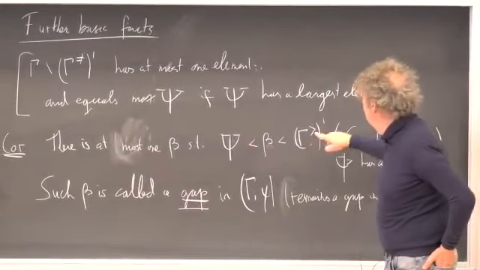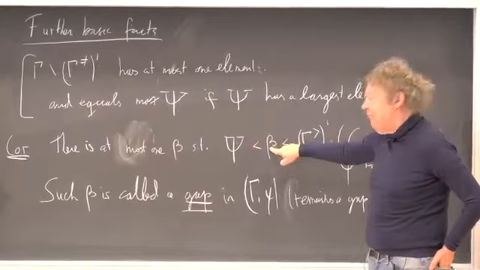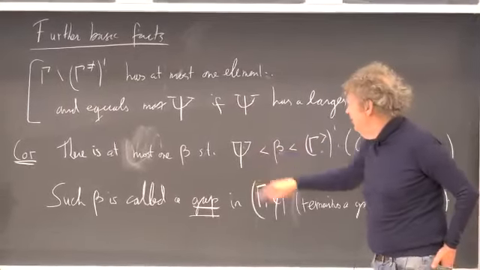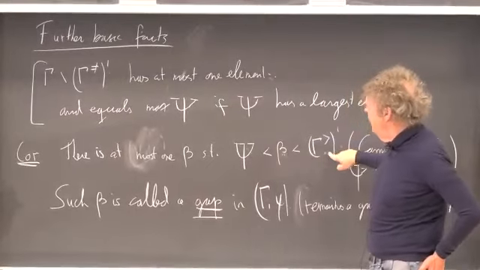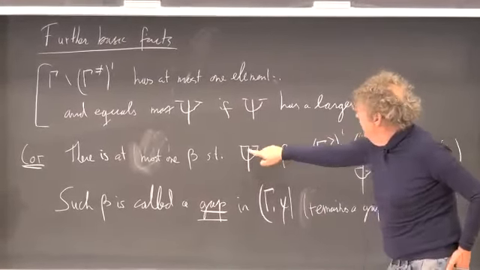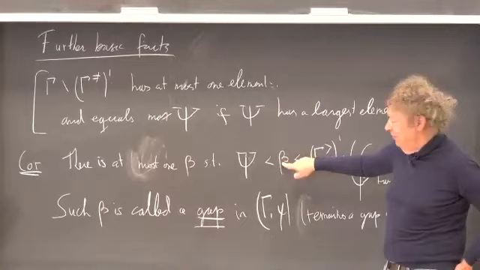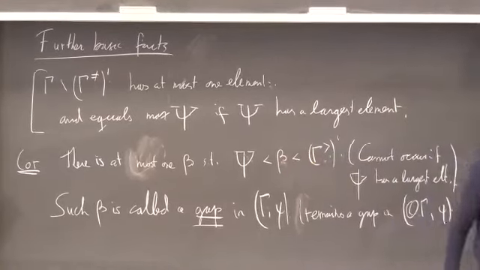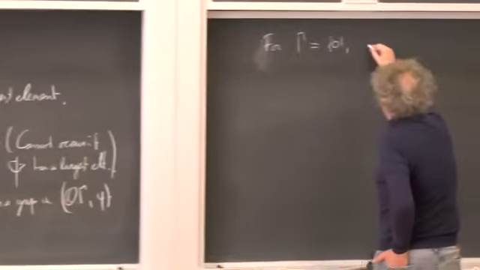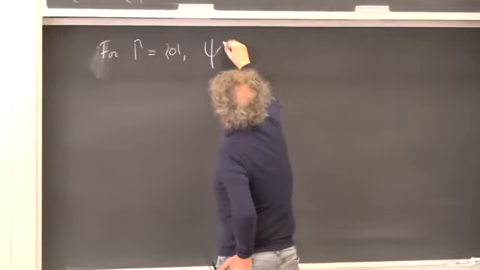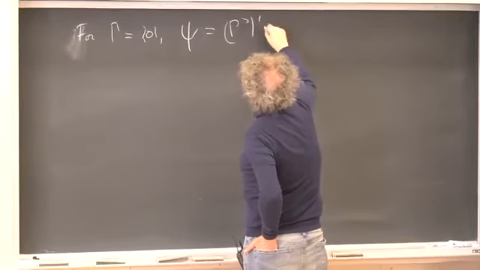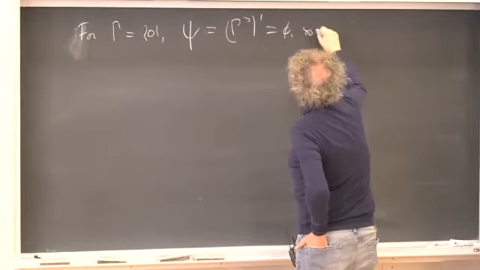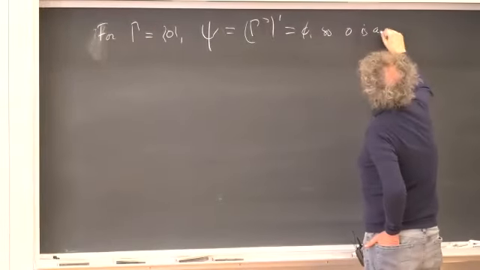So there is a gap, namely 0. This means beta is bigger than everything in here and less than everything in there. But if both of these sets are empty, then 0 is really a gap. For gamma 0, the psi set is empty, so 0 is a gap, and this is not a joke.